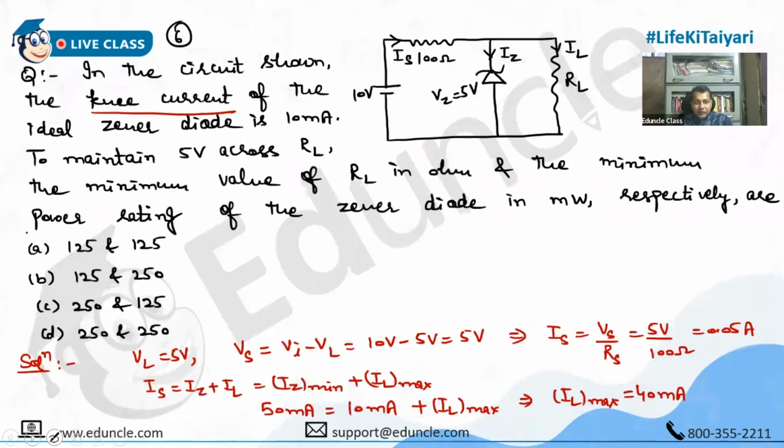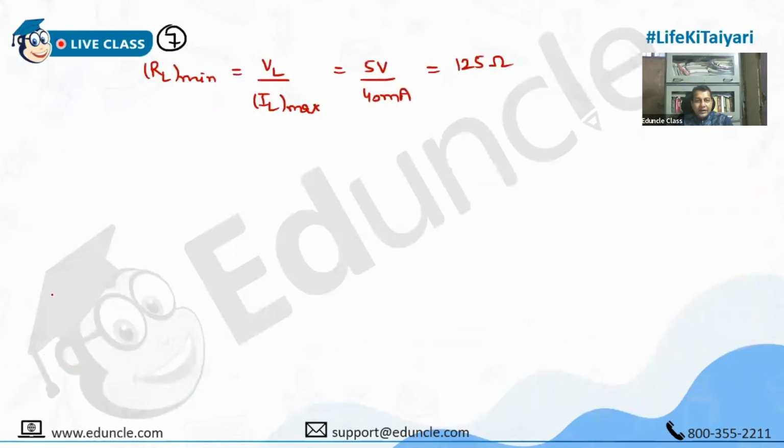Now, minimum power rating means the maximum power. I explained this also earlier in the class. So minimum power rating means maximum power that can appear across the Zener diode. And for that we need max current. And we know that max current can be the total current that is coming through the circuit, that is equal to IS, which is 50 milliampere.